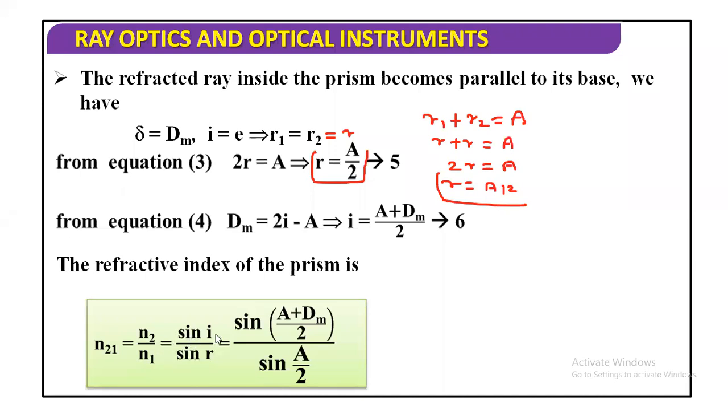It is the ratio of the sine of the angle of incidence and the sine of the angle of refraction. The angle of incidence we know is (A plus dm) by 2, and the angle of refraction is A by 2.